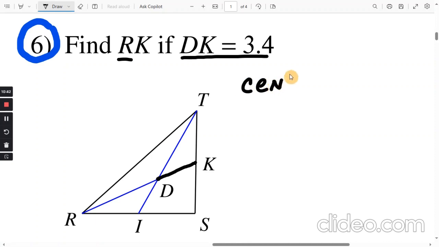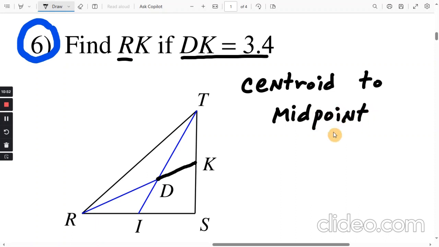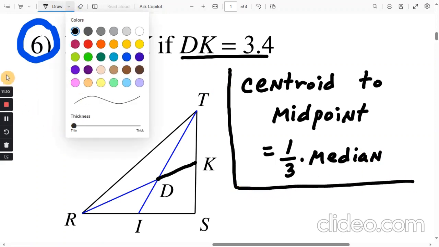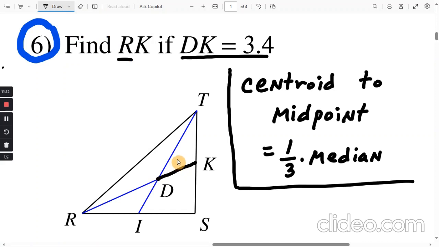We said before, centroid to midpoint equals 1/3 of the median. All right, so we're going to use that formula. So this portion right here, DK, that's only 1/3 of this whole median.